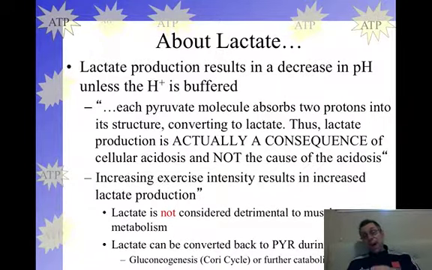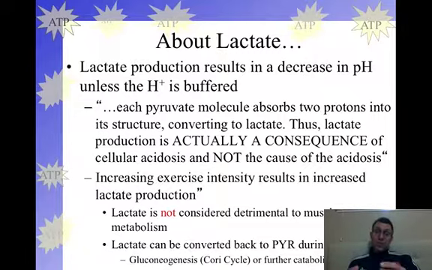Interesting things about lactate. One thing is that lactate can actually be metabolized and used for ATP production. It gets converted back to pyruvate and enters the mitochondria and basically goes through the Krebs cycle and electron transport chain, giving us ATP.